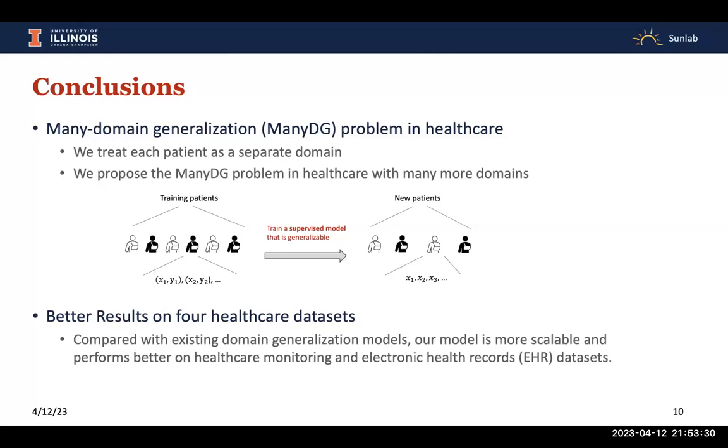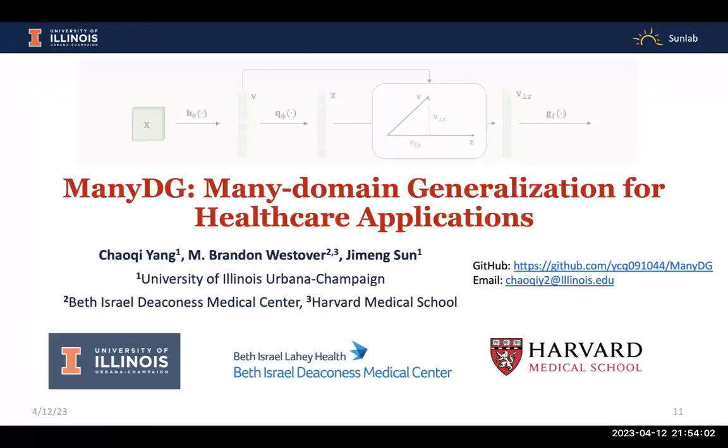So we are dealing with many more domains than previous settings. Here's the illustration I've shown before. In the experiments, we have shown better results using our ManyDG method compared with existing domain generalization models. Our model is more scalable to many more domains, and we perform better on healthcare monitoring data sets as well as electronic health record data sets.